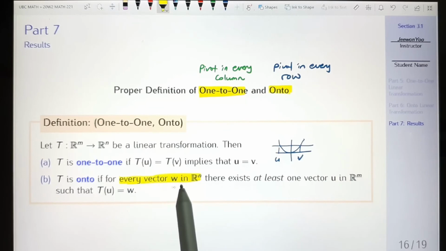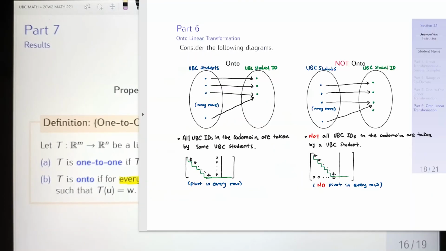If every vector in the codomain has been taken by somebody in the domain, then we can say the transformation is onto. Here you go. If all UBC ID have been taken by at least someone in the domain, which means UBC students, then we can say this kind of transformation is onto transformation.